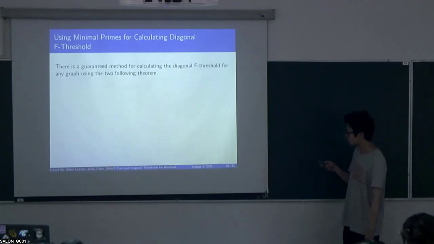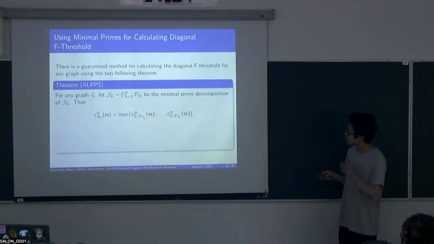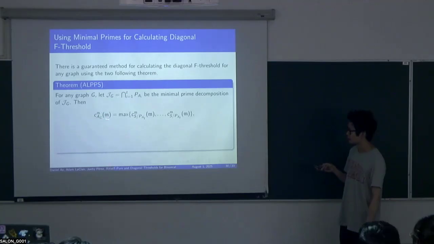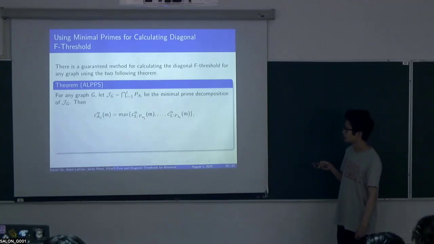So how does this relate to the diagonal F threshold? It turns out that for any binomial edge ideal JG, if we let the PAi be the minimal primes of JG corresponding to the cut sets Ai, then the diagonal F threshold of JG is equal to the maximum over the diagonal F thresholds of all of the minimal primes PAi.